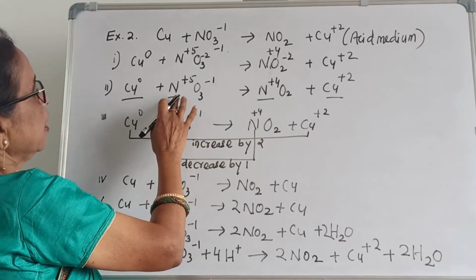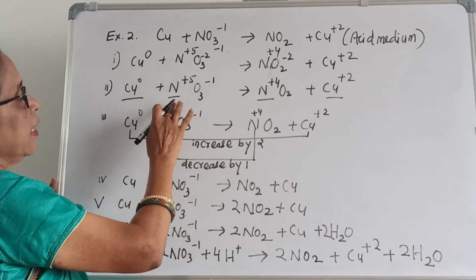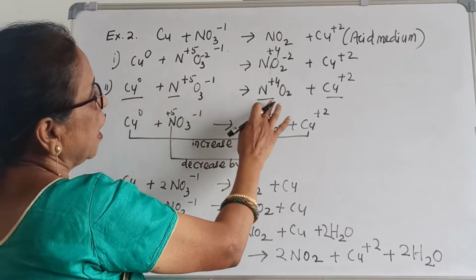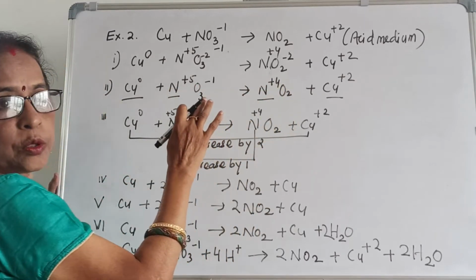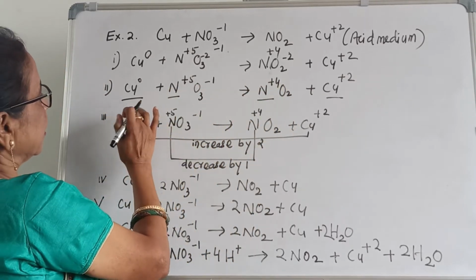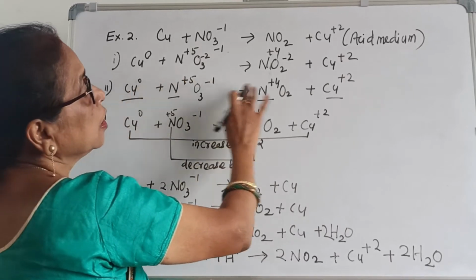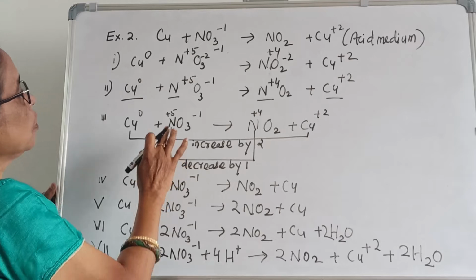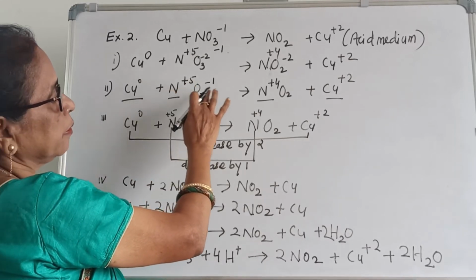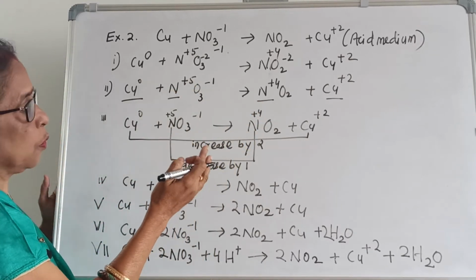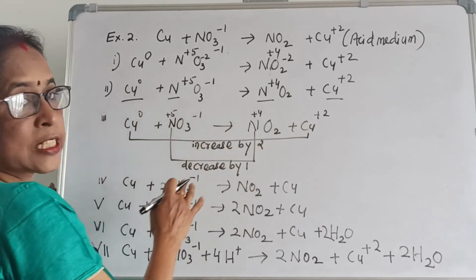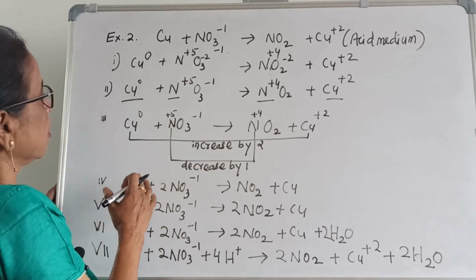And similarly on the reactant side, N is plus 5, on the product side N equals plus 4. Now you can see, I have marked on the line, Cu oxidation number 0 changes to Cu plus 2, whereas N plus 5 changes to N plus 4. So these atoms are responsible for the change in oxidation number.